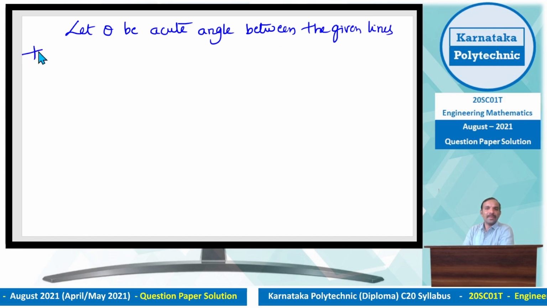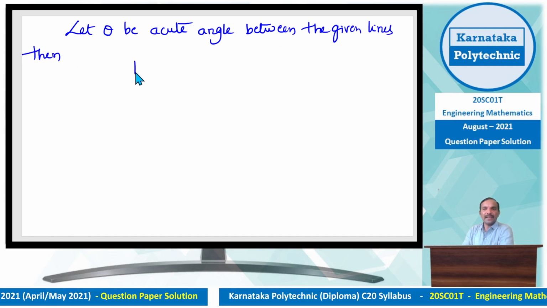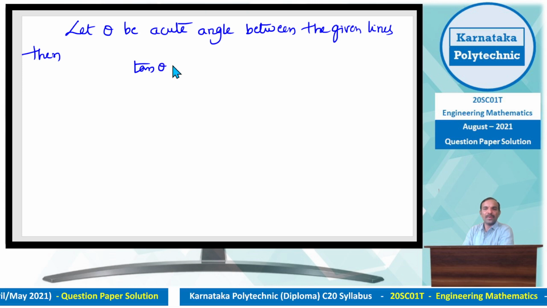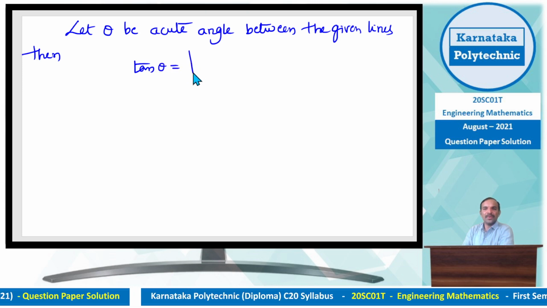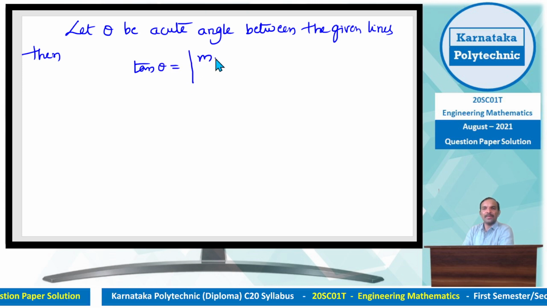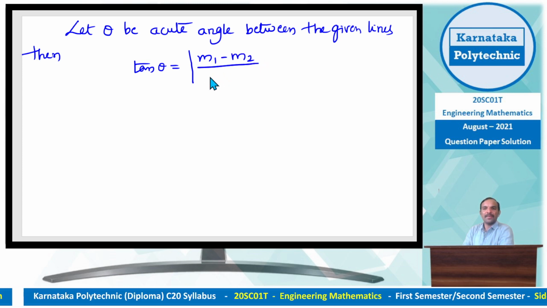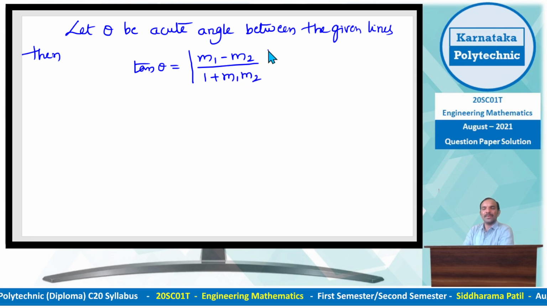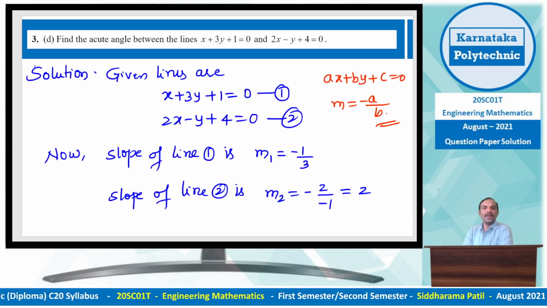Then tan theta equal to, the formula is, the absolute value (modulus) of m1 minus m2 divided by 1 plus m1 into m2. Now substitute the values of m1 and m2.